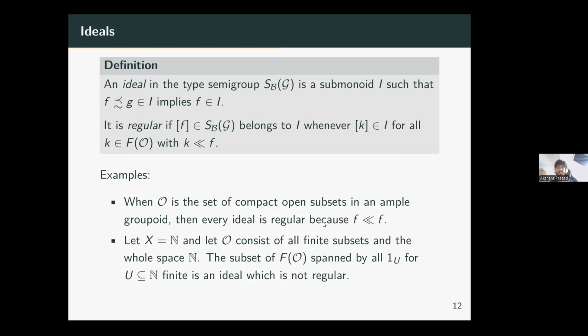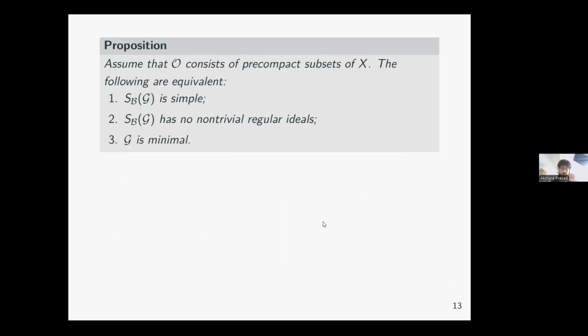Okay, now how do we relate this to ideals of a C*-algebra? We know that if a groupoid C*-algebra is simple, then its groupoid is minimal. So we relate ideals of the type semigroup to open invariant subsets of the groupoid, and this is the result.